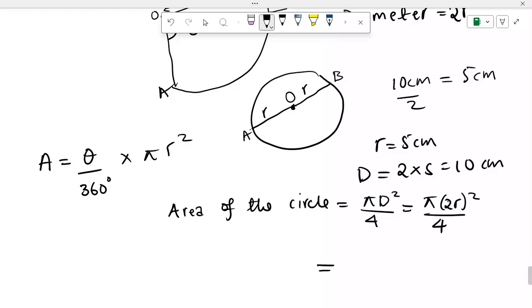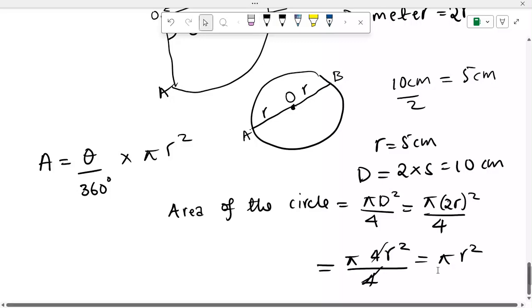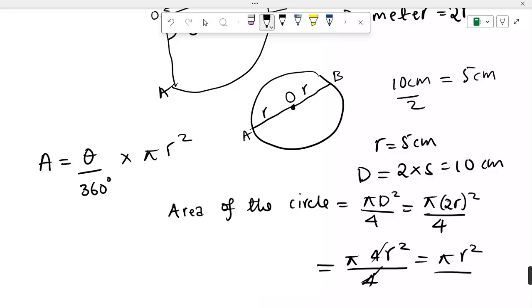So area of the circle equals pi times 4r squared over 4. This and this cancel, and you just have pi r squared.